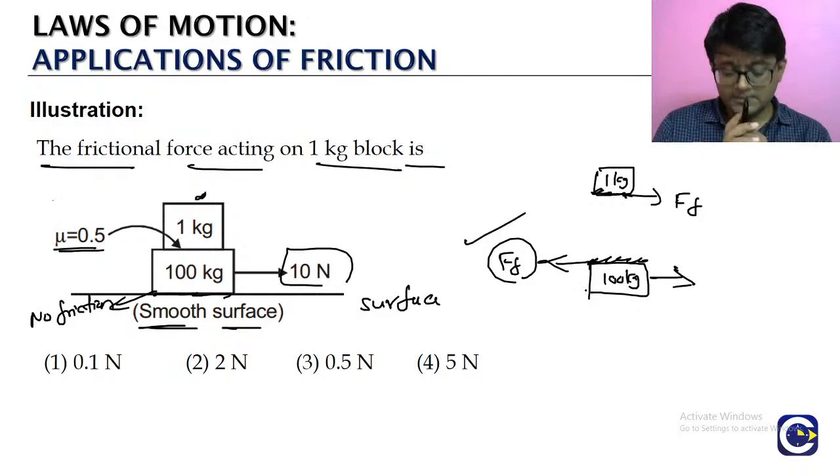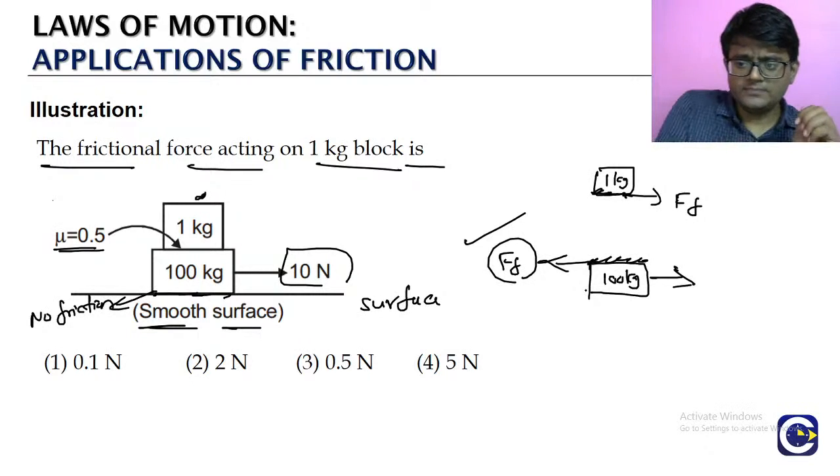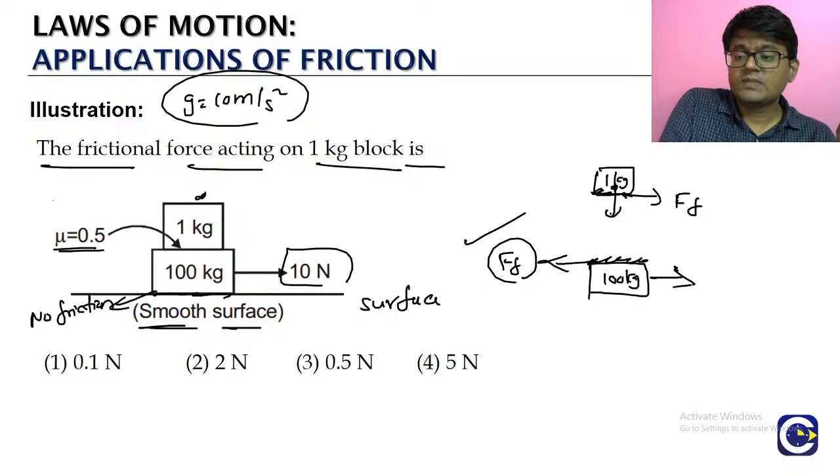But the thing is, if the frictional force is looked at, look at the 1 kg block. Vertically there is no motion, right? Which means its weight, we'll take g as, let's say, 10 meter per second square. Weight will be 10 newtons. Normal reaction is up. So normal reaction is equal to 10 newtons.